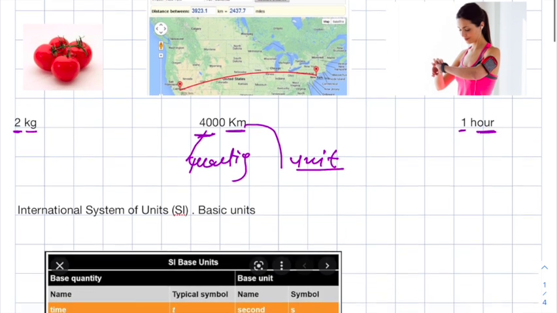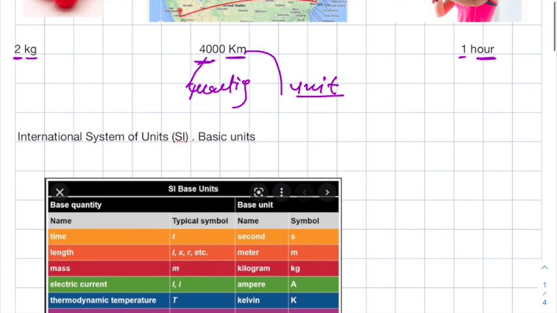Different countries use different measurement systems for their daily life, but in the scientific world we use the standard unit, which is called the International System of Units, SI unit. And there are 7 basic SI units.